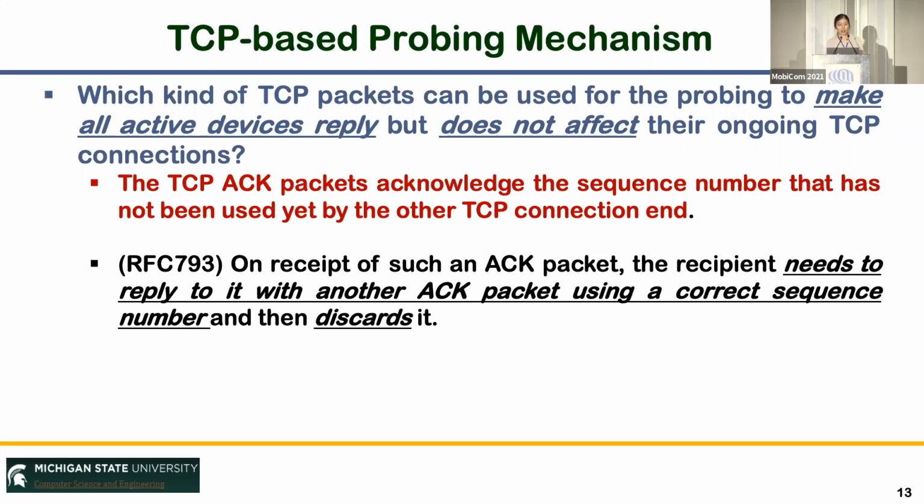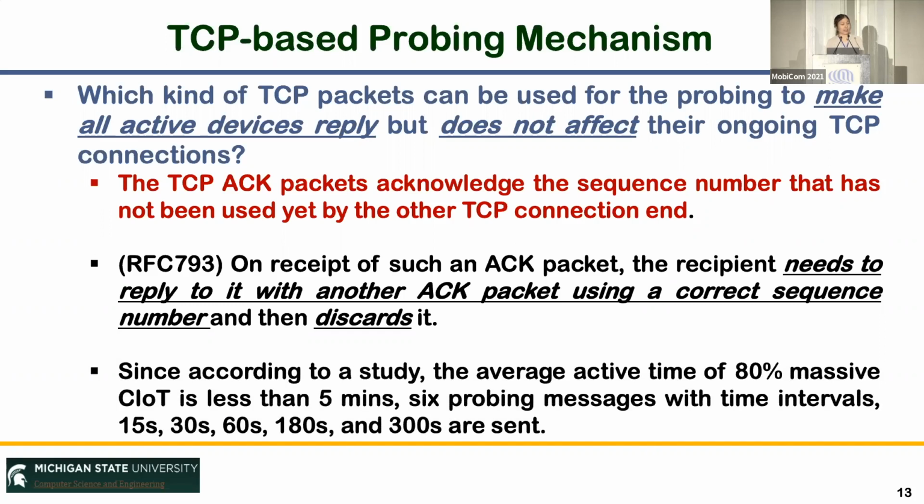Besides, based on an RFC document, while receiving such ACK packets, the receiver needs to reply with another ACK packet using a correct sequence number, and then discard the original one.